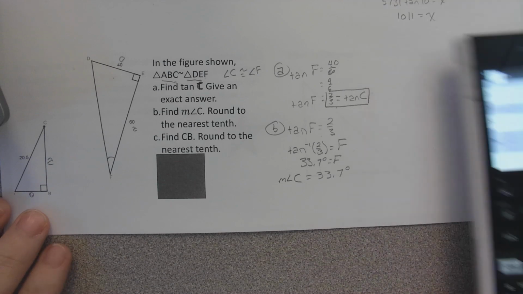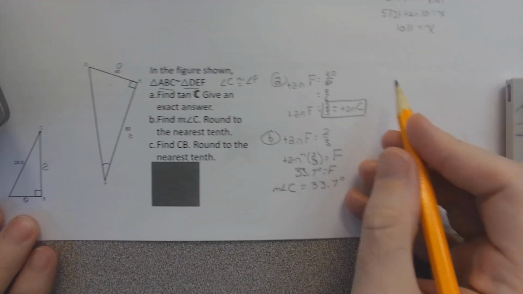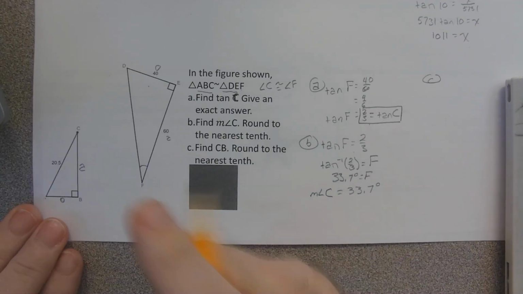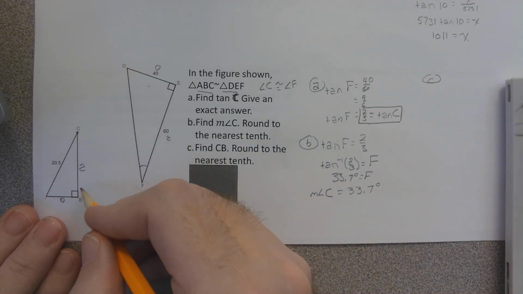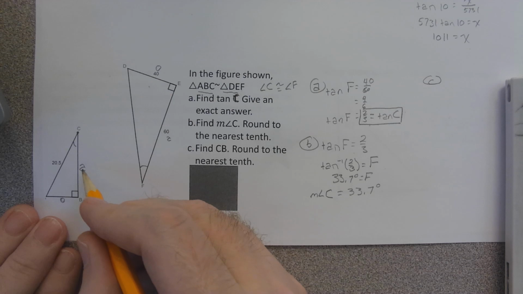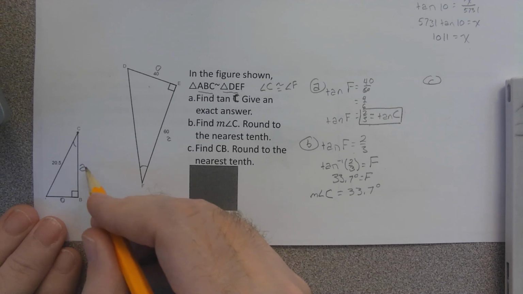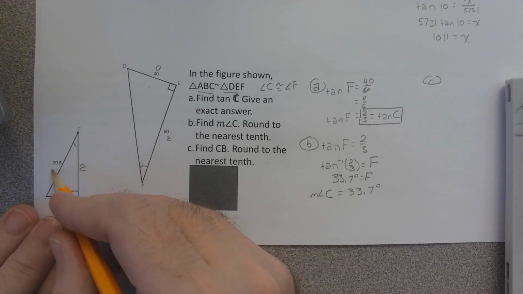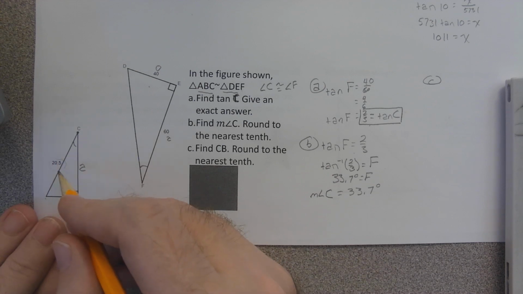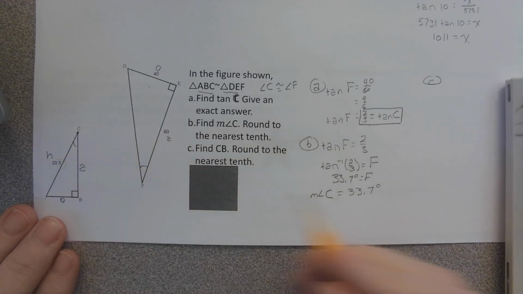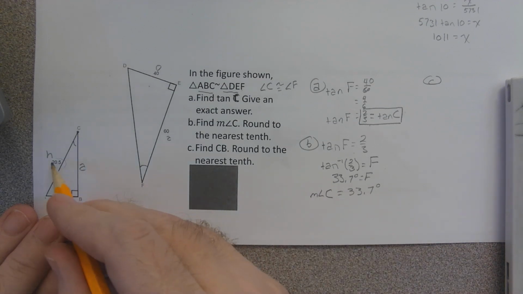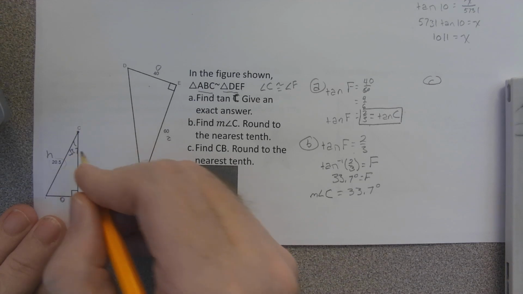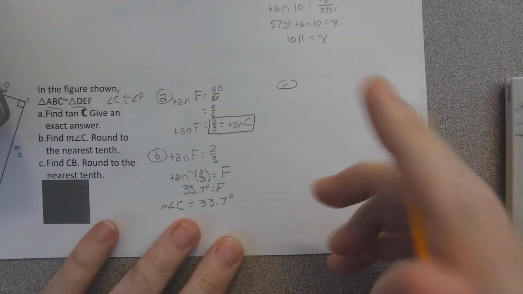Now, for part C, that I'll put over here, where there's room, it wants to know AB. Well, AB is the adjacent side. 20.5 is the hypotenuse. So if we have an adjacent side and a hypotenuse, and we know that this is 33.7, that's cosine.